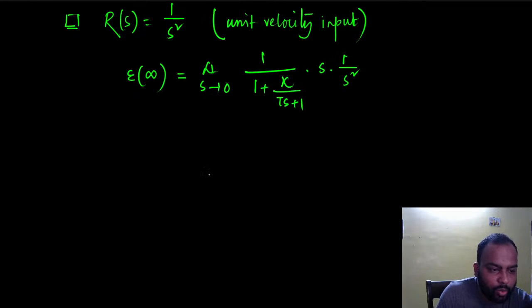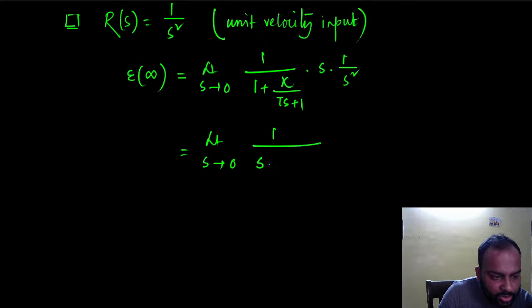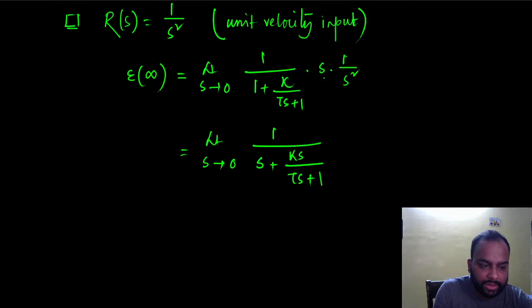Now I can cancel out one of the s's and do a little bit of simplification here. If I cancel out one of the s's, there will be one s remaining here. If I put that here, this becomes s plus k, times s, times tau s plus 1. Now if I put the limit here, what happens?